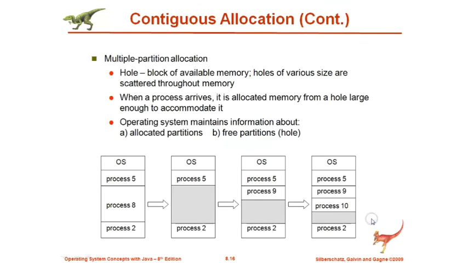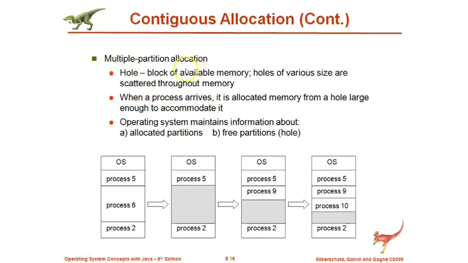Next we'll continue the discussion of contiguous allocation with multiple partition allocation. One of the simplest methods for allocating memory is to divide the memory into several fixed size partitions. Each partition may contain exactly one process, so the degree of multiprogramming is bound by the number of partitions.